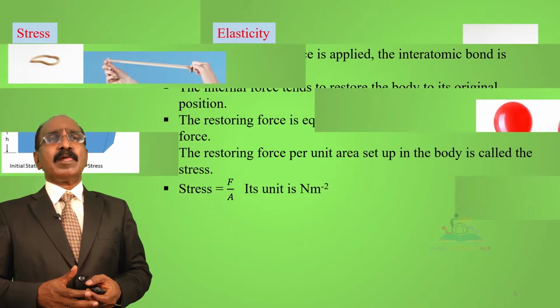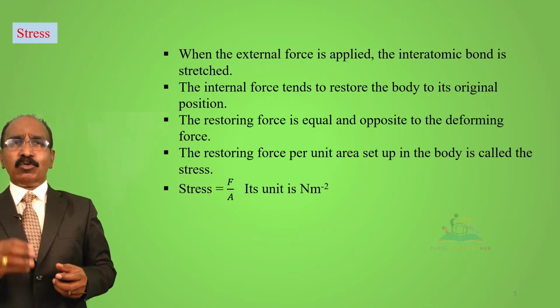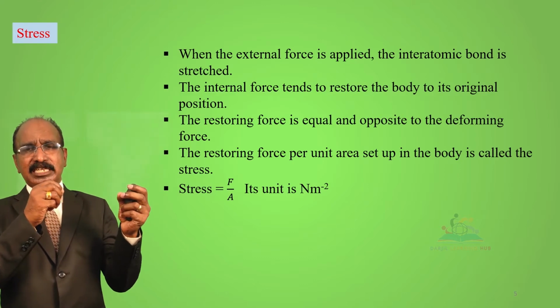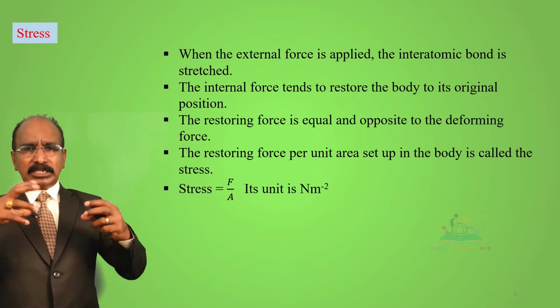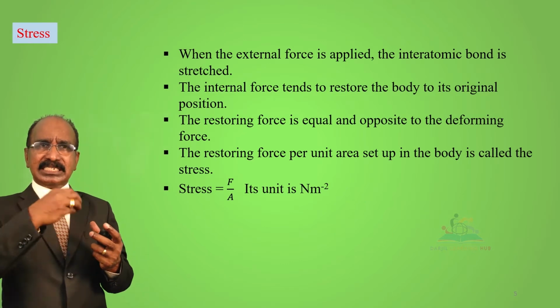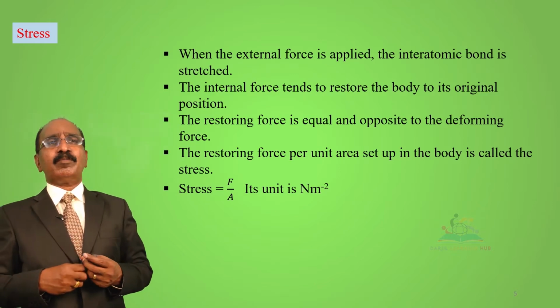Now here, when you are applying an external force on the body, what happens? The interatomic distance between the 2 bonds will be stretched. Therefore, there exists an internal force inside the body to regain its original position.